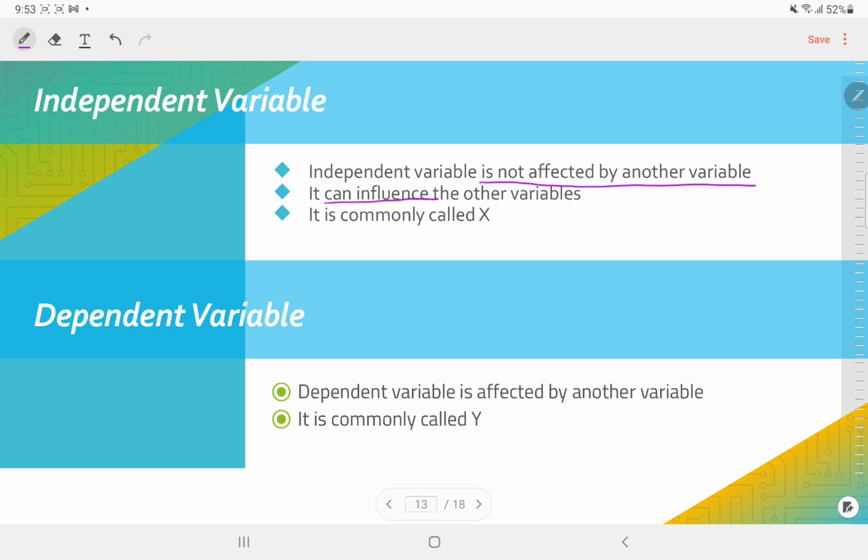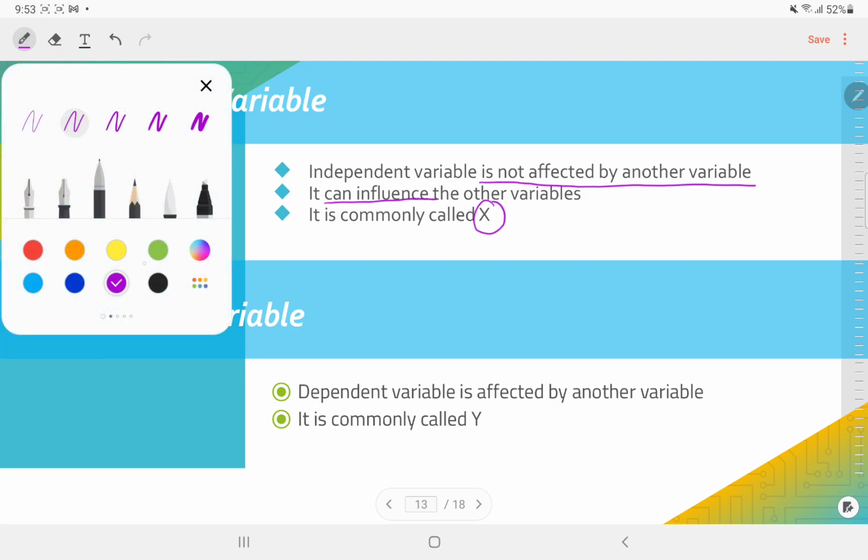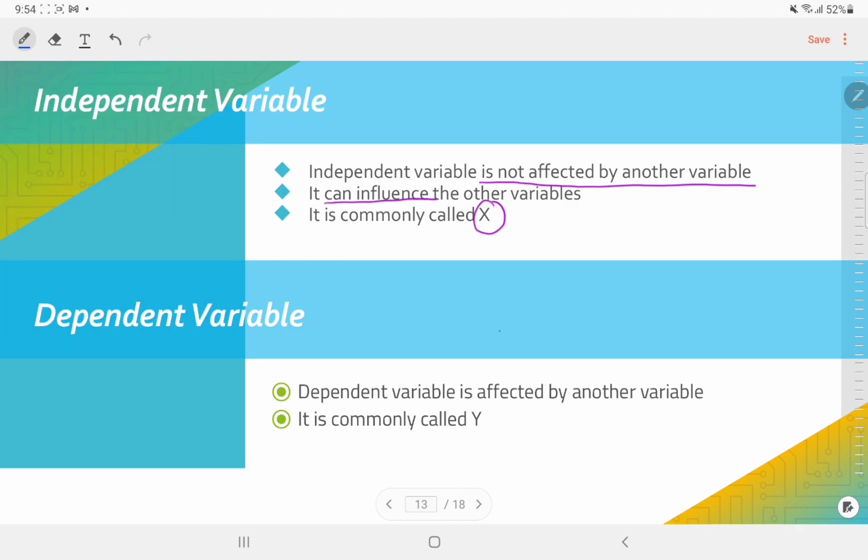Okay, and sometimes we just call that X. Another variable is the dependent variable. So the dependent variable, or Y, is affected or influenced by other variables. So they cannot influence the others, but they are influenced by the others.